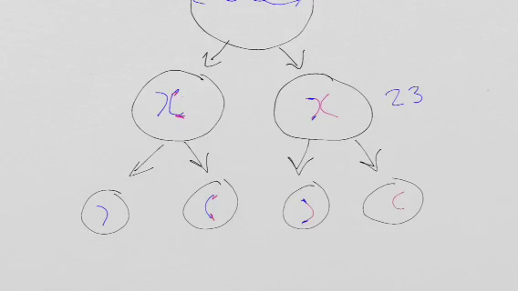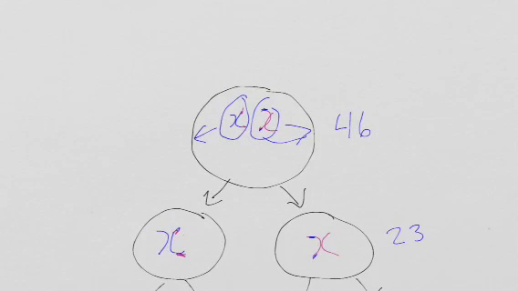The end result of meiosis 2 is 23 chromatids, where you started with 46 chromosomes. So that's 4 times more genetic material than you had at the beginning.